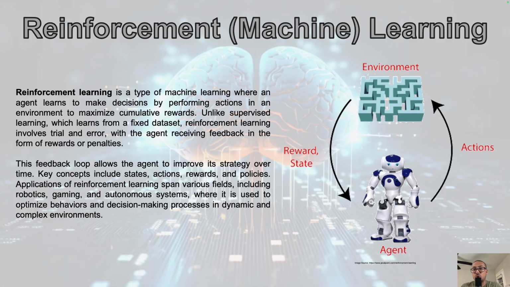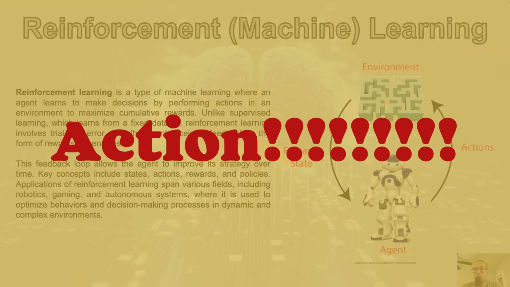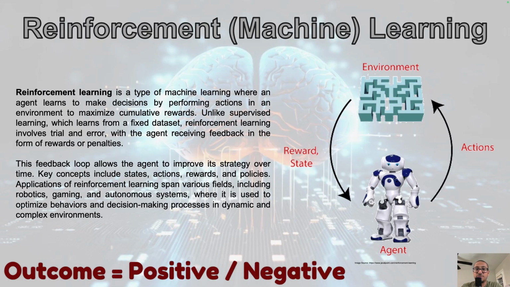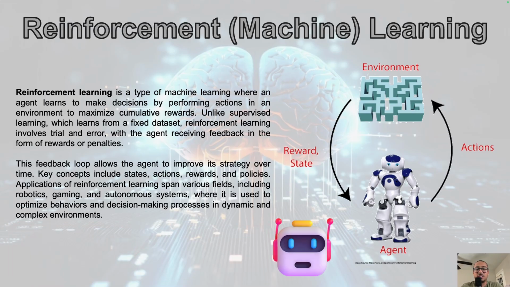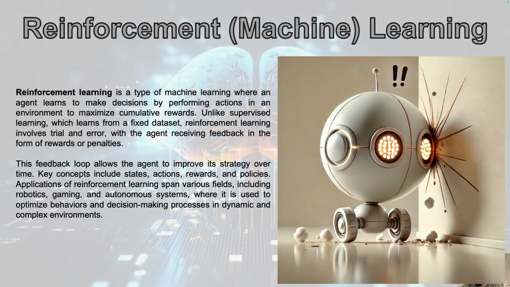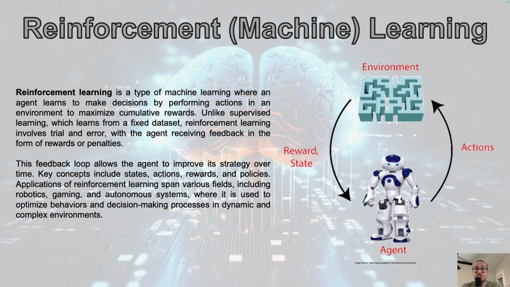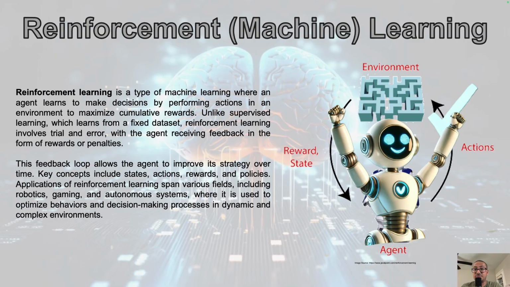The agent performs actions and, based on the outcomes, whether positive or negative, it adjusts its strategy to maximize the rewards over time. Think of it like teaching a robot to navigate a maze. At first, it might bump into the walls, but after enough tries, it learns the best path to reach its goal by receiving rewards for the right moves and penalties for the wrong ones.